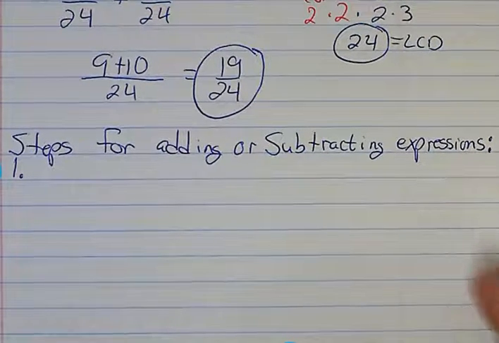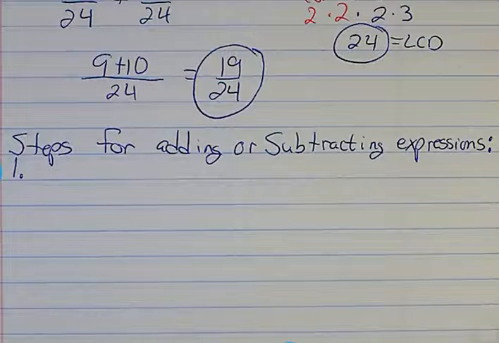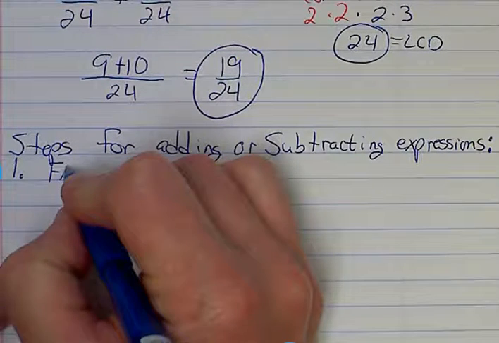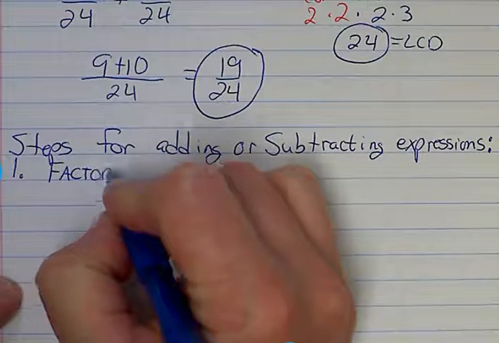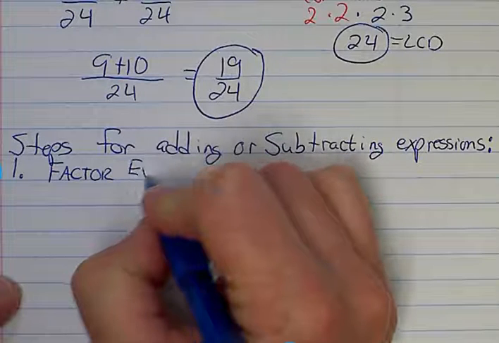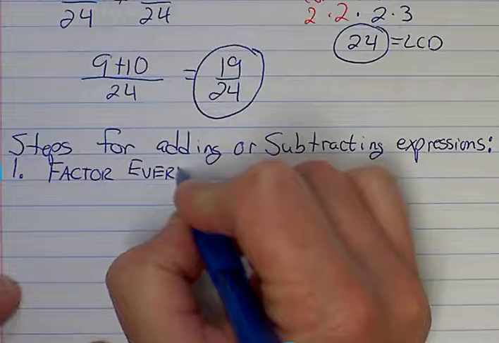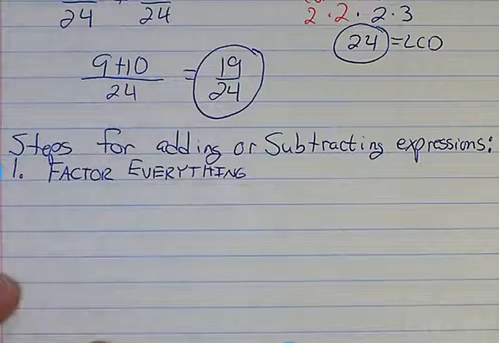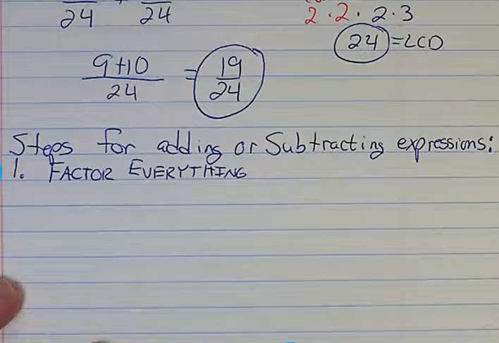And this is the part where it's going to be similar to what we did yesterday. The very first thing we're going to do today, kind of going back to what we were doing yesterday in 8.4, is that you're going to factor everything as much as you possibly can. Okay, and that's the key thing: you want to factor everything as much as you possibly can.